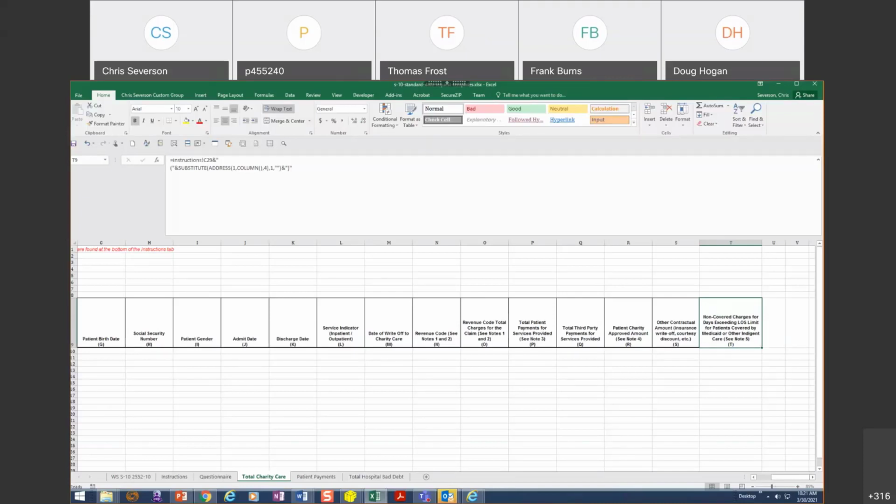So I think what you're saying is if you have an amount that was not included as a bad debt, a Medicare bad debt, for whatever reason it was not allowable, was not written off, it didn't meet the Medicare bad debt requirements. In that situation, then yes, you could, assuming it's within your policy, you could write that off as a Medicare charity care as well, or instead. The key thing is you can't write something off in both places. It can't be both a bad debt and a charity care.